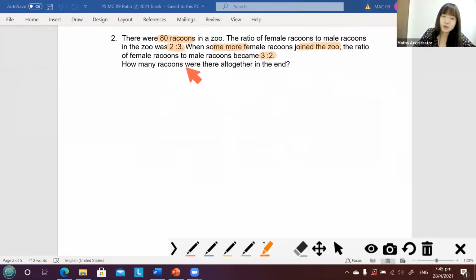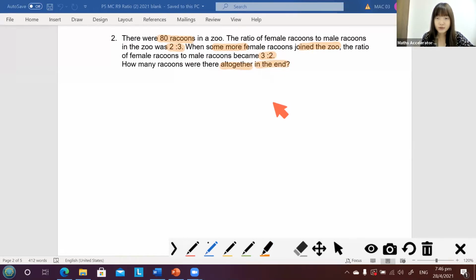How many raccoons were there altogether in the end? So they give you the starting ratio. Something happened in between. Some female raccoons joined, and at the end, it became 3 to 2.